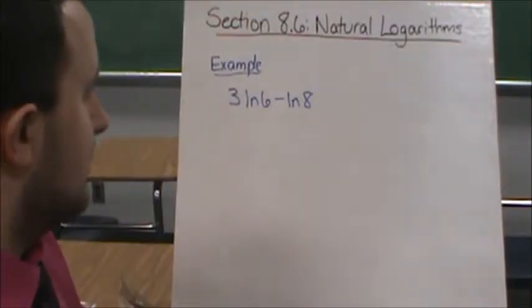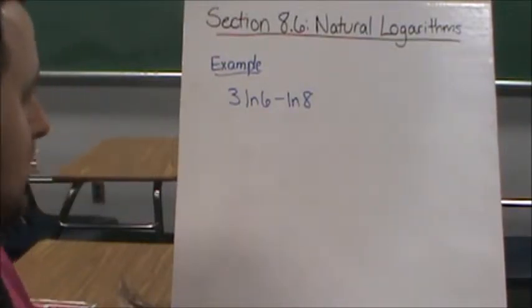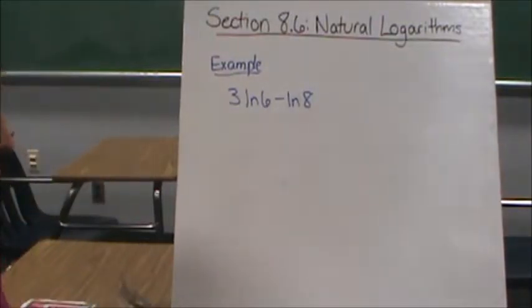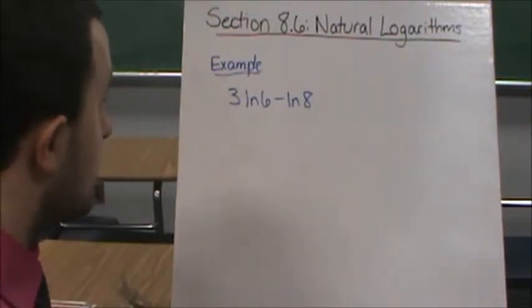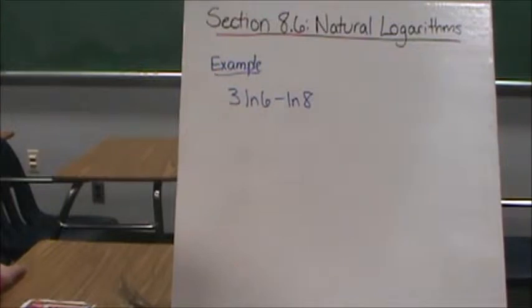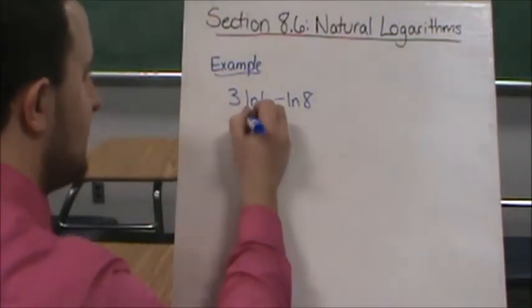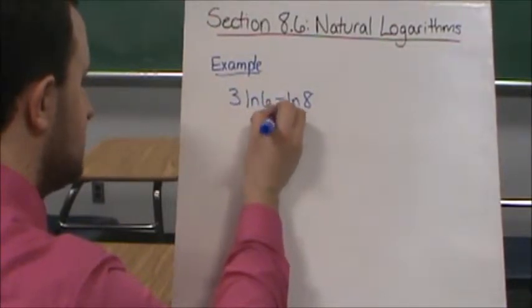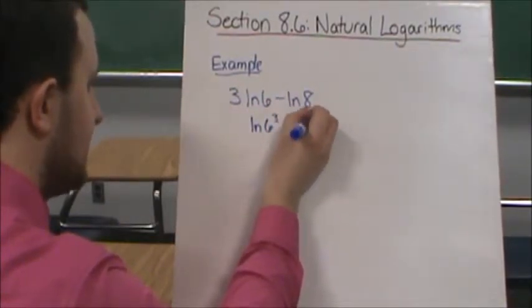So here's a quick example of using logarithmic properties with regard to natural logarithms. The process doesn't change. You still have the power property, the quotient property, and the product property. So if we were asked to combine this natural logarithmic expression and make it a single logarithm, first you'd apply the power property. You get ln of 6 cubed minus ln of 8.